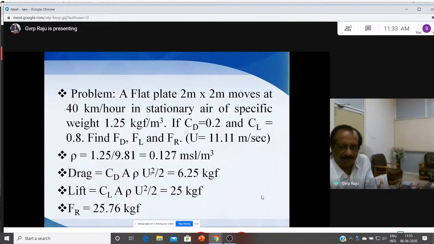Substituting U as 11.11 square by 2, that is 6.25 kg force. Lift force is equal to CL, the coefficient of lift, 0.8, and area 2 into 2, and rho is the mass density, giving 76 kg force.